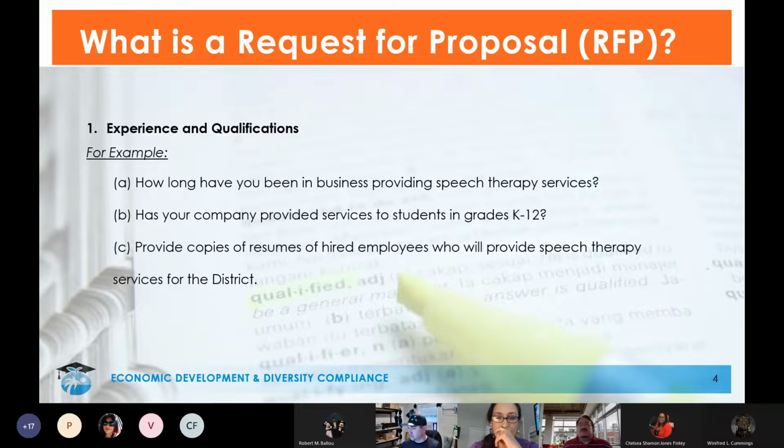And another type of question that can be asked for in the RFP is to provide copies of resumes of hired employees who will provide speech therapies for the district. So these are the types of questions that would be asked under experience and qualifications.